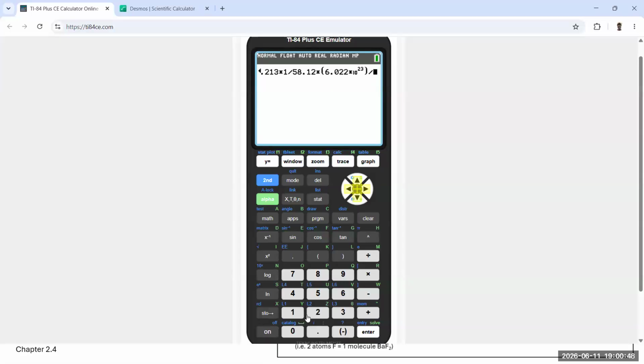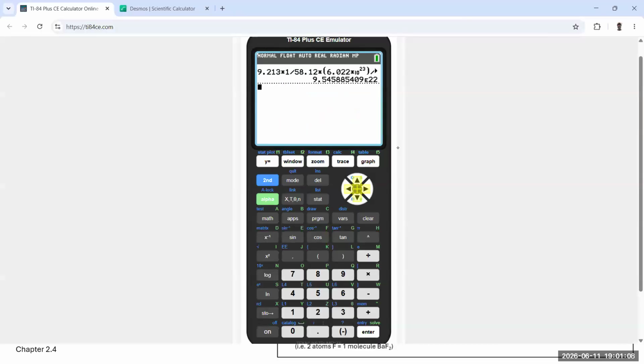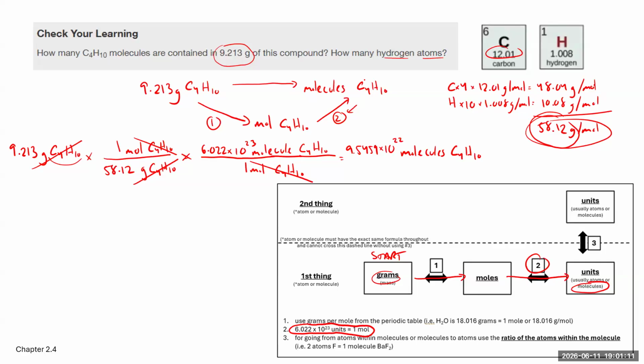And then divided by 1, which you can leave the ones out, but I like doing them just to show you. All right, so it becomes 9.5459 times 10 to the 22nd molecules of C4H10. Right? All right, so let me just clean that number up a bit and then we'll move on here.